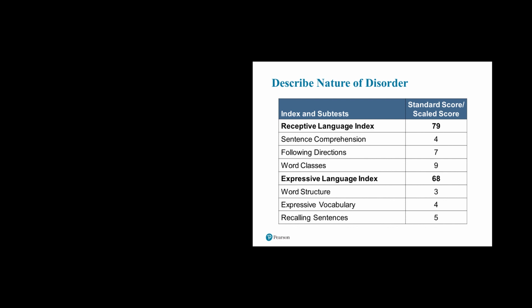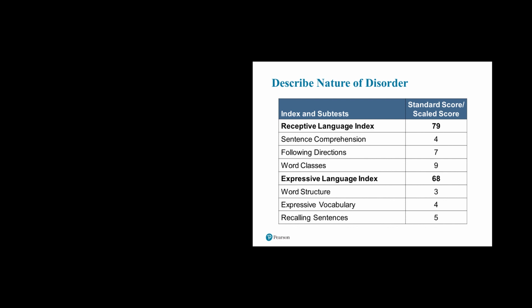She also has a receptive language index score of 79, which is within 1 to 1.5 standard deviations below average, so it falls in the mildly impaired range. Her expressive language index score is a 68 and is more than 2 standard deviations below the mean, so it falls in the very low or severely impaired range.